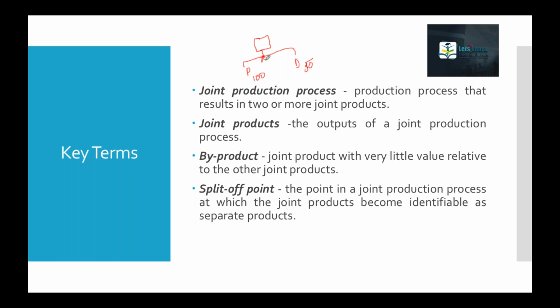So this is called identification point, which is also known as split-off point. Split-off point is the point at which the joint products from the joint production process are identified and separated. These were together here, and we identified and separated them. Okay, that's called split-off point.